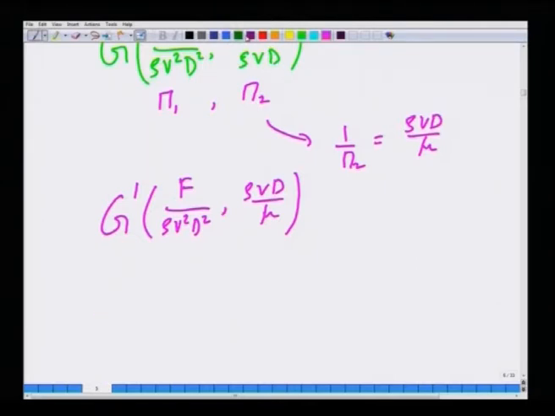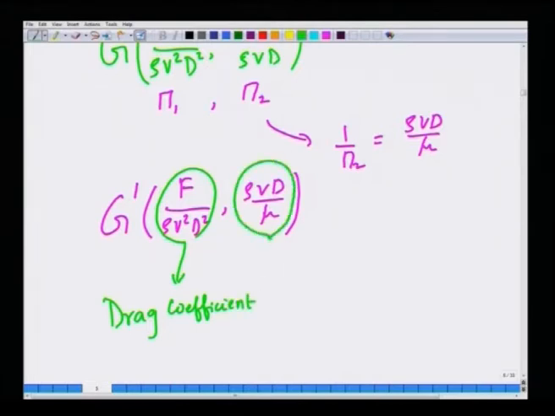Now, in fluid mechanics, this is called the drag coefficient. This non-dimensional force, drag force, is called the drag coefficient, and this non-dimensional group rho V d divided by mu is called the Reynolds number. Now, what is the interpretation of Reynolds number?